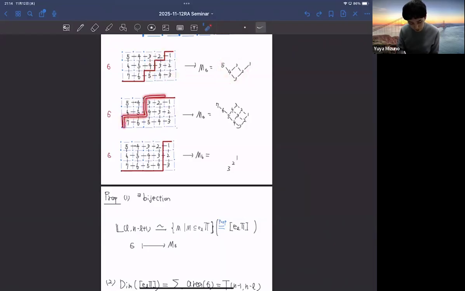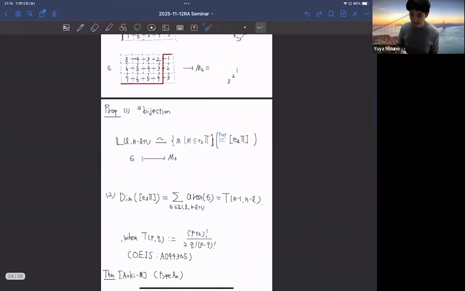So in this case, to determine the dimension of this module, we just check the number of squares of this bottom part. And this is just a purely combinatorial question, and it is already known. The answer is given by these numbers. These are some famous numbers, and they have other interpretations.